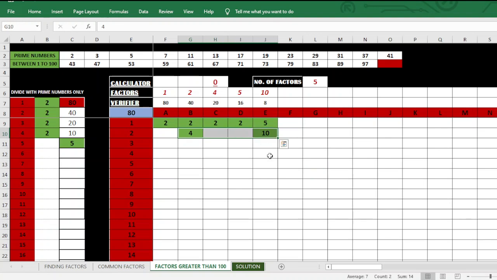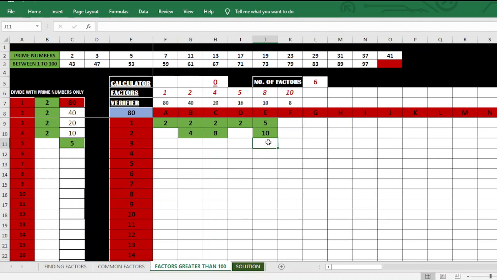Then we move to our next one. Don't forget, we don't go back with our multiplication. We just take the number and multiply it by the base numbers. That's how it works. So our next number should be 4. 4 by 2 will give us 8.